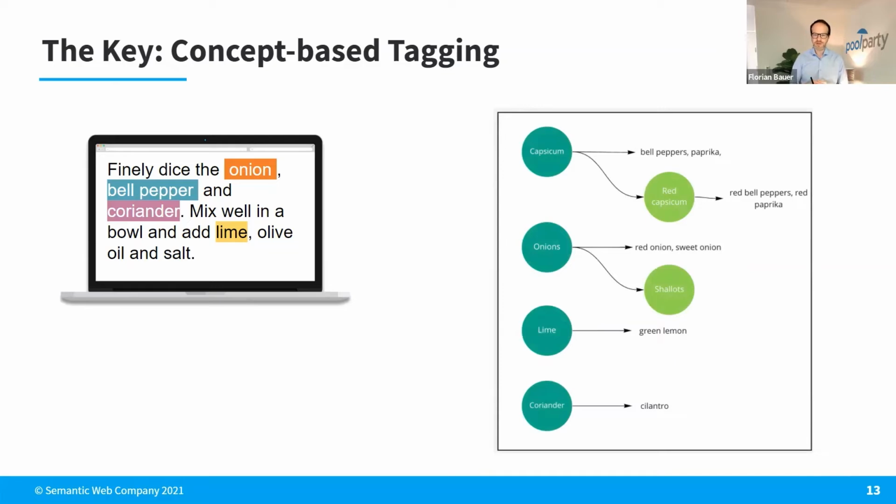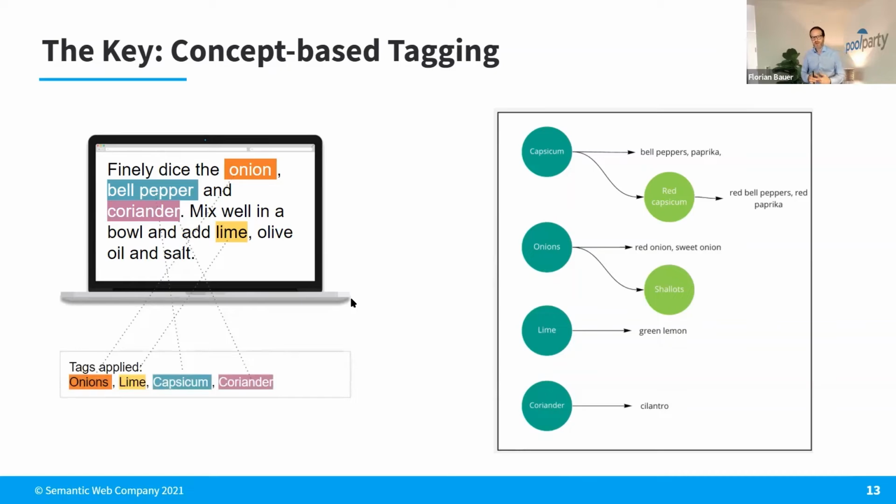So the capsicum is actually a bell pepper, also referred to as paprika. There is a subtype of a red capsicum here that is modeled in that simplified model with red bell pepper, red paprika as synonyms. For the onions, the same. Red onion, sweet onion is a synonym here. And the shallot is a kind of child concept of an onion.